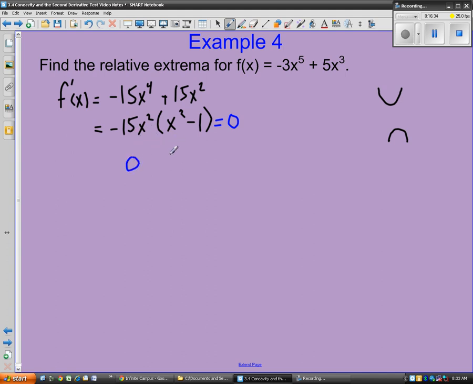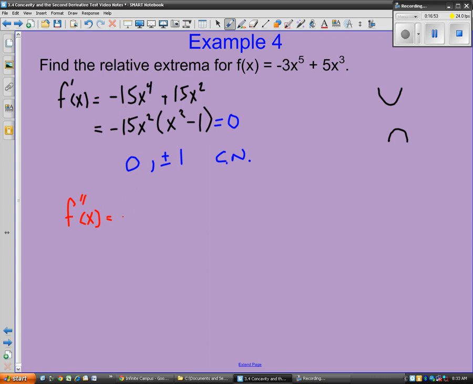Now we're going to go ahead and go to the second derivative. So we do the second derivative of this, and that gives me something like negative 60x cubed plus 30x.